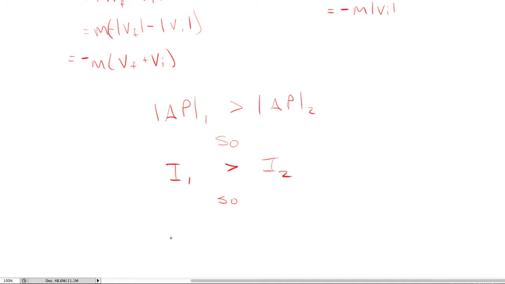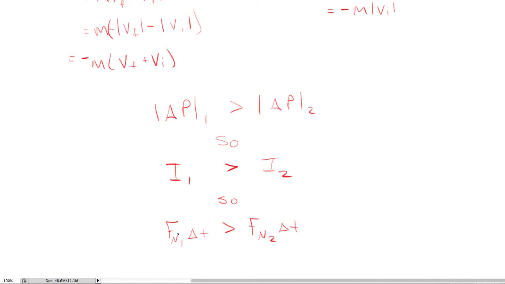So the net force acting on the bullet in scenario 1 times the time that the force is acting has got to be greater than the net force on the second bullet times the time. Assuming delta t is the same, that implies the force acting on the bullet in the first case is larger, which is what you guys said.